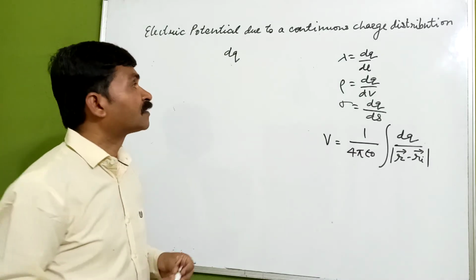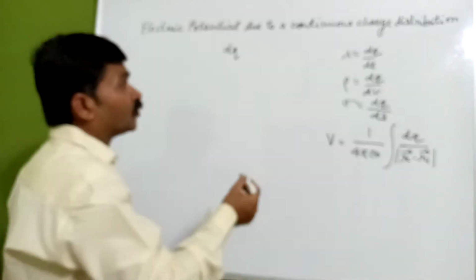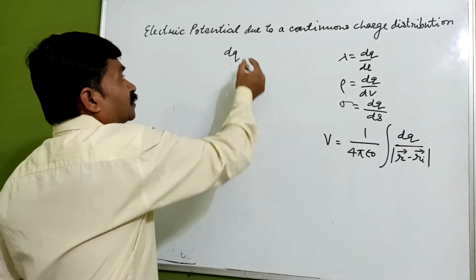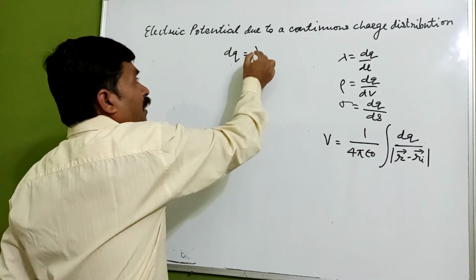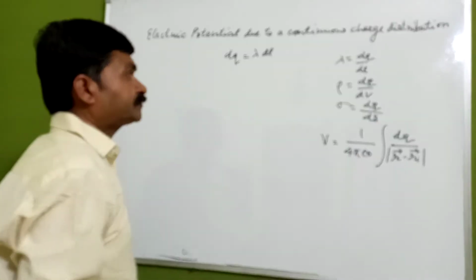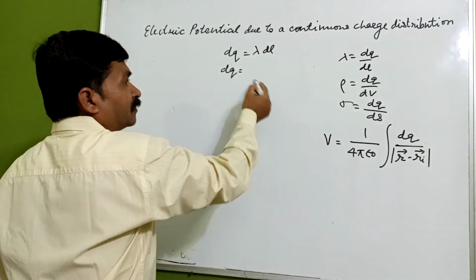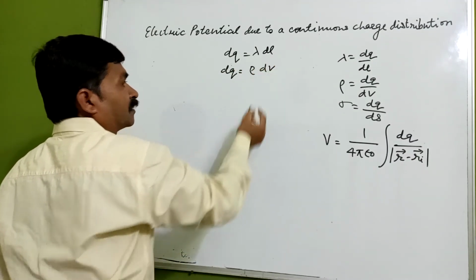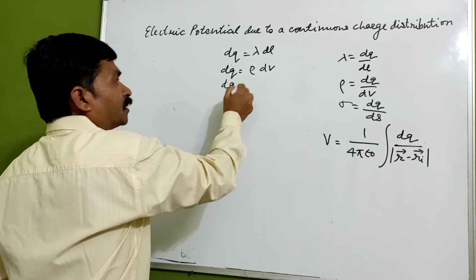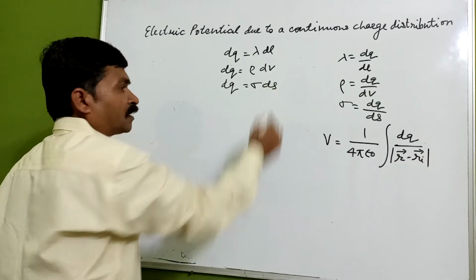So we have dq equal to lambda into dl, dq equal to rho into dv, and dq equal to sigma into ds.